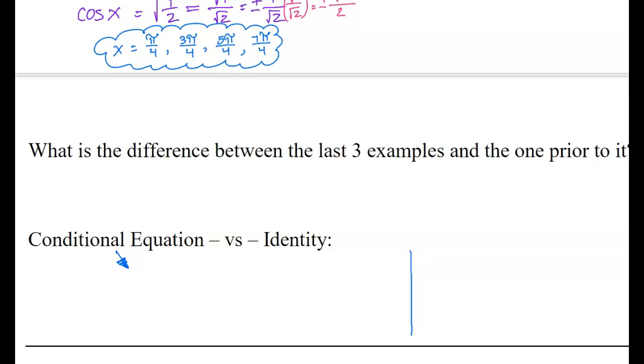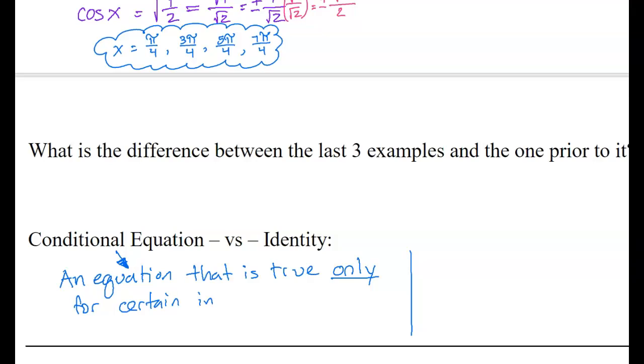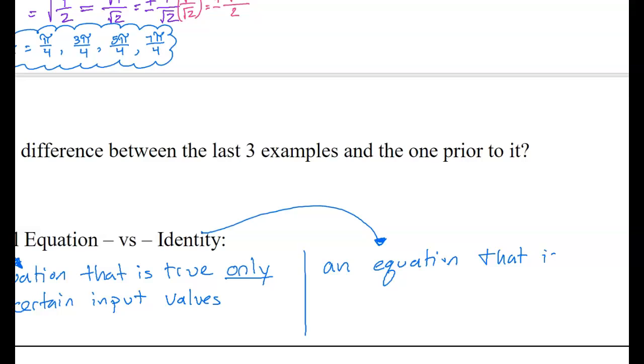A conditional equation is an equation that is true only for certain input values, versus an identity, which is the second type of problem, is an equation that is true for all input values.